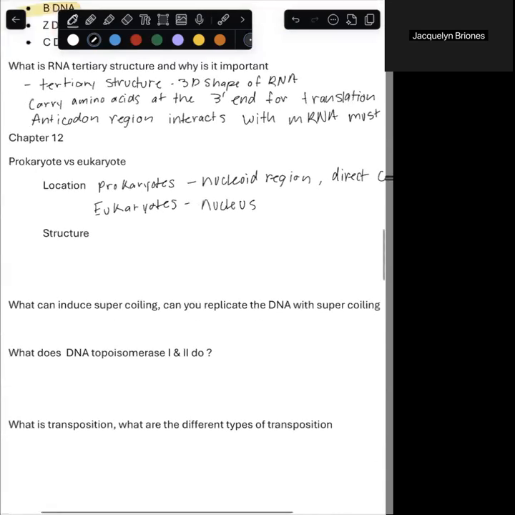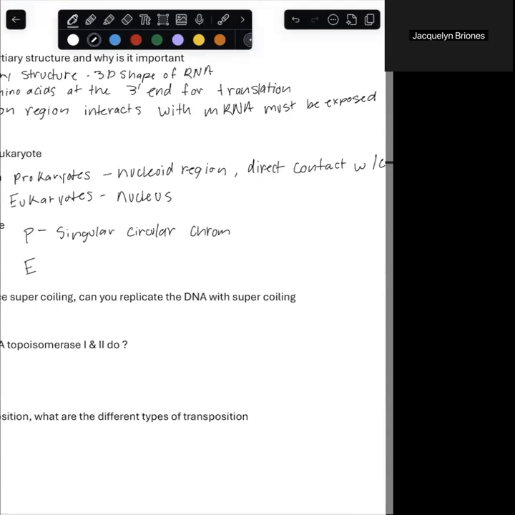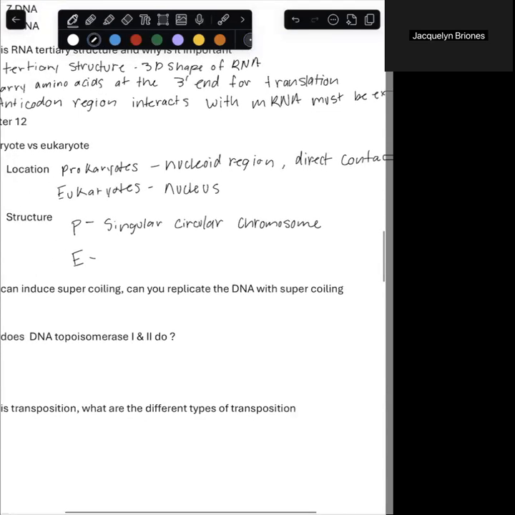Okay, moving on to structure. I'm just gonna write P and E. So prokaryotes are usually a singular circular chromosome. And we, as you know, we have sets of chromosomes.